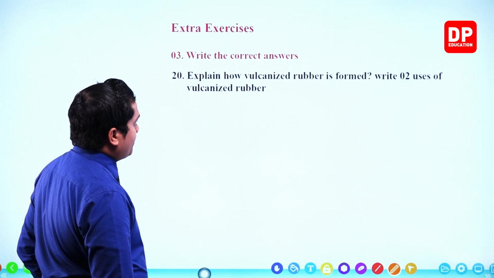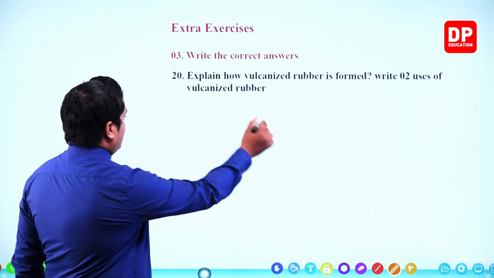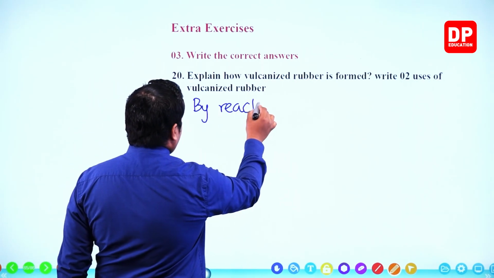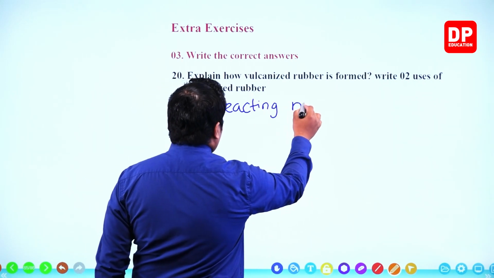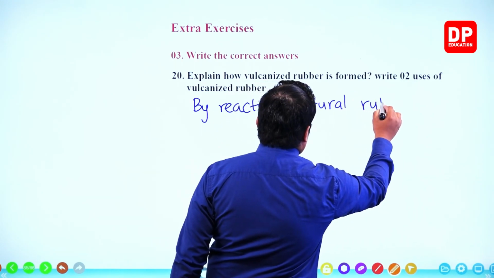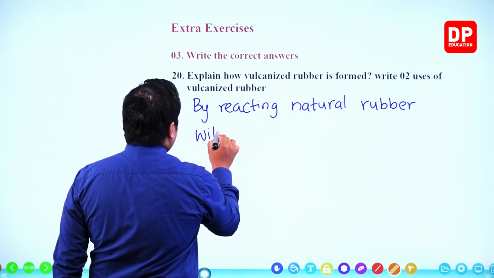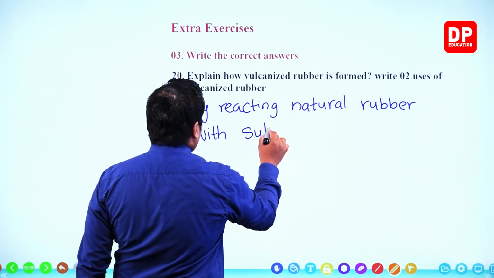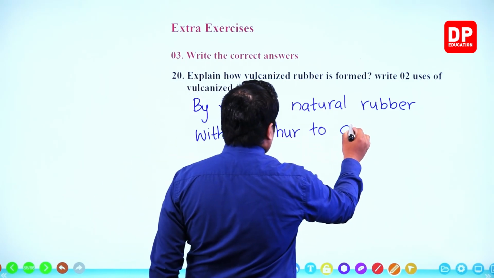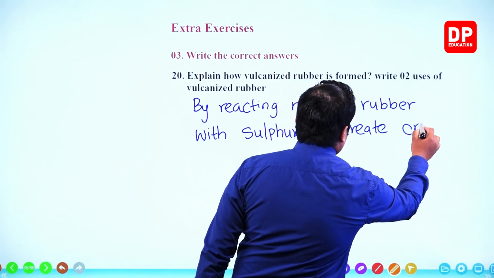Explain how vulcanized rubber is formed. Write 2 uses of vulcanized rubber. So by reacting natural rubber with sulfur to create crosslinks.